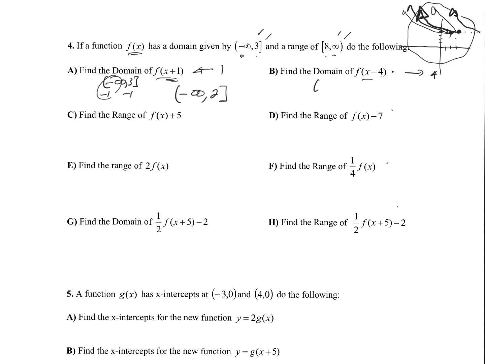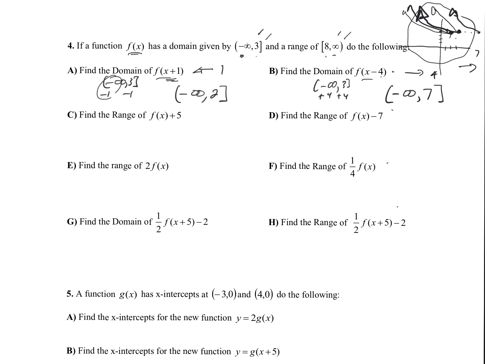But just manipulating data, if I take my current domain and I'm adding 4 to everything, again, adding 4 to negative infinity is going to be chump change. It's still going to be negative infinity, but adding 4 to 3 would give us 7. And so you can see that our new function would start over at 7 rather than at 3 because it's been shifted over 4 to the right. So that's basically what's happening there.